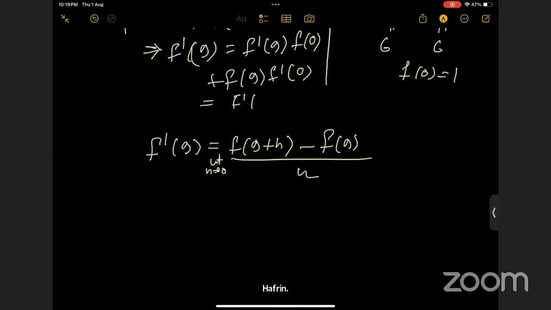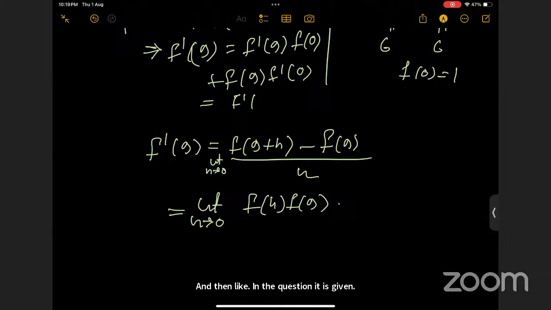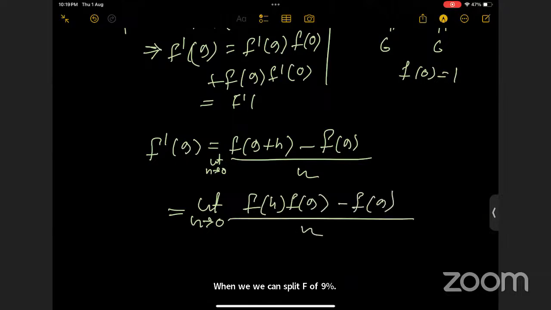Go ahead. And then in the question it is given, we can split f of 9 plus h minus f of 9. We can write f of 9 as f of 9 plus 0.